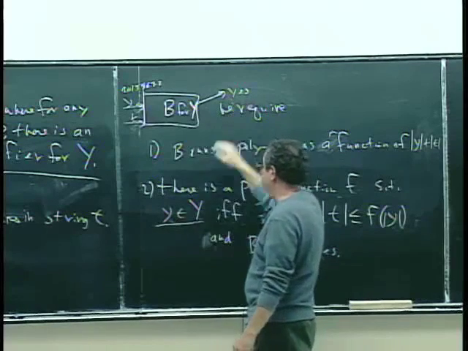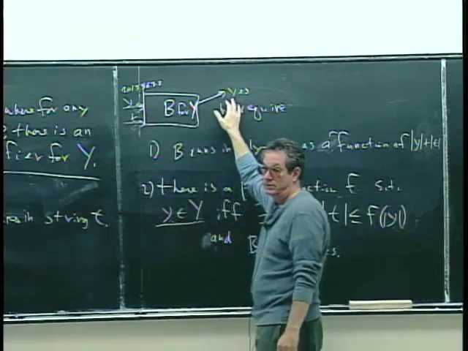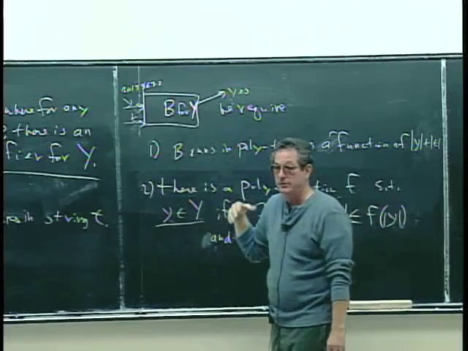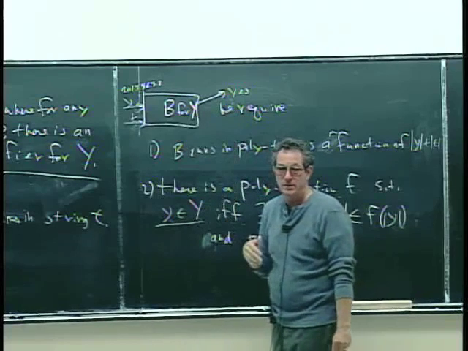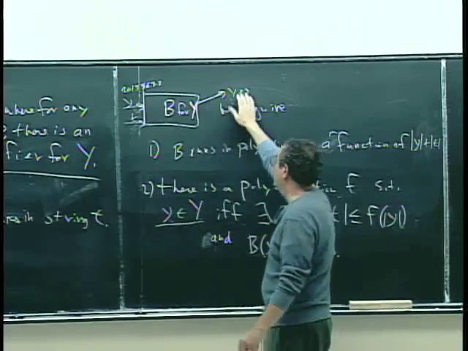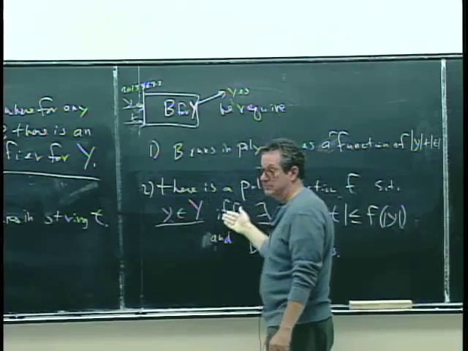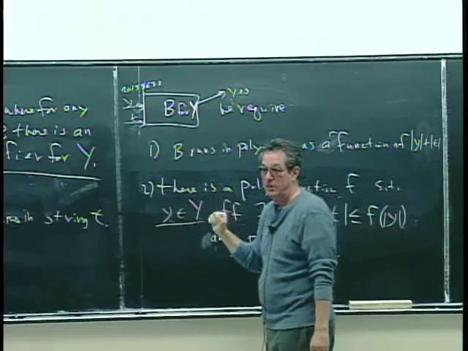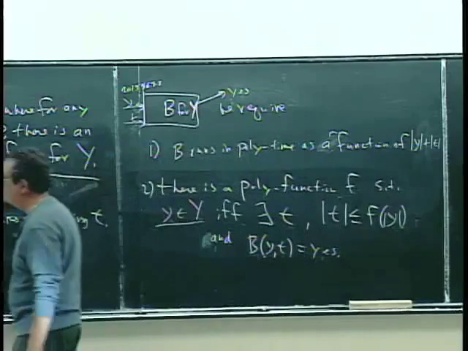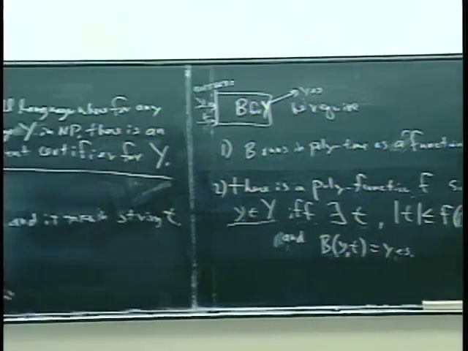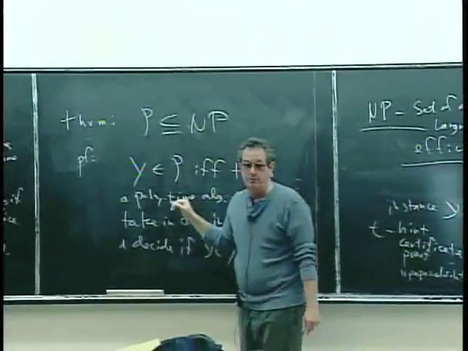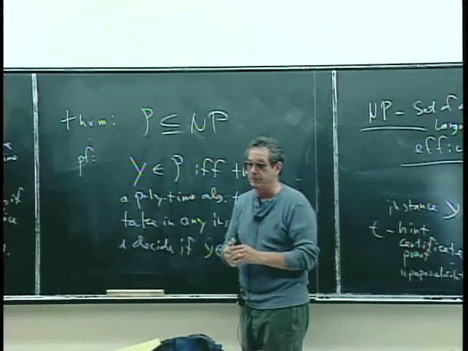And only if y is in capital Y will it say yes. Otherwise, it'll either say no or it might spin its wheels and say nothing. But it's only going to say yes when it should, if and only if little y is in capital Y. So if we take a problem y, which is in capital P, how do we prove that it's in NP?